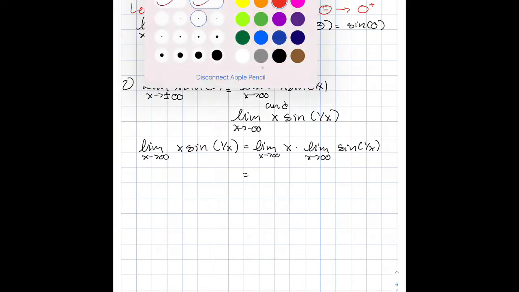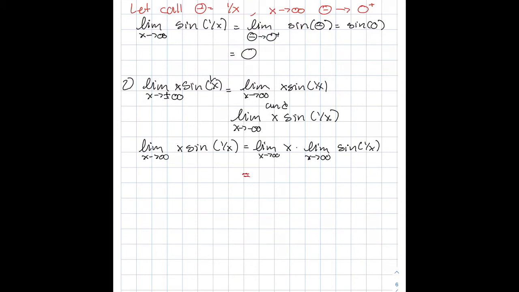Well, won't that just give us infinity times 0? Is that 0? Any number times 0 is 0, but that's a really, really big number. Ooh, this actually isn't defined. It doesn't mean the function's not defined. Just infinity times 0 is not defined.